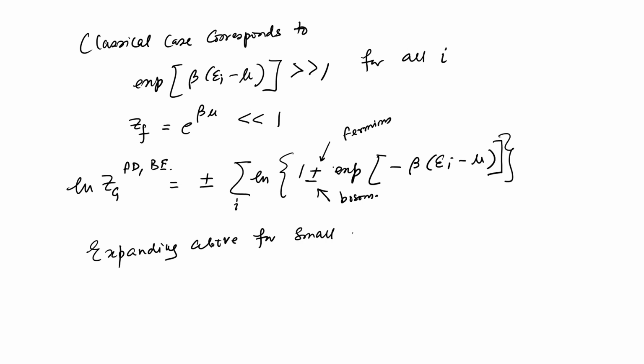small exponential beta mu, because this is what we have just shown, that the exponential beta mu must be much smaller than 1. So, if you do that, and note that the log of 1 plus x for x small is x minus x square by 2 plus x cube by 3 plus order x to the power 4 and so on. Okay.